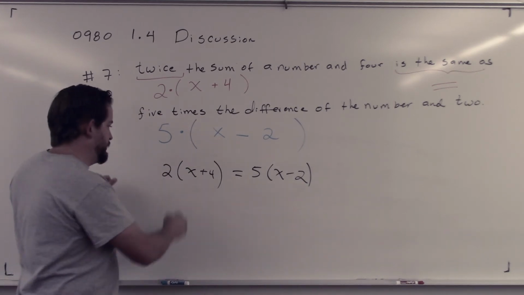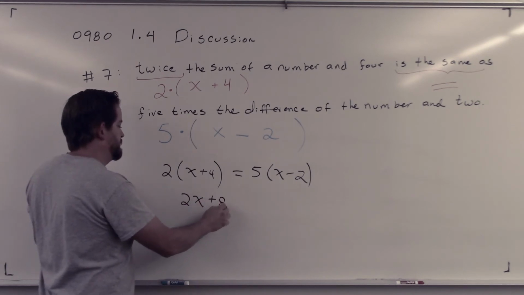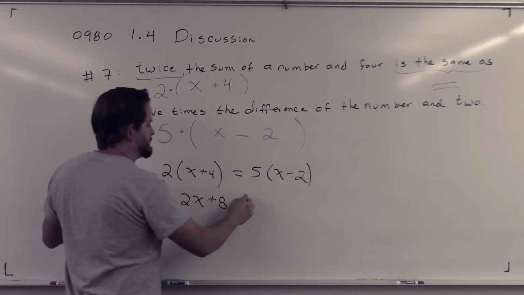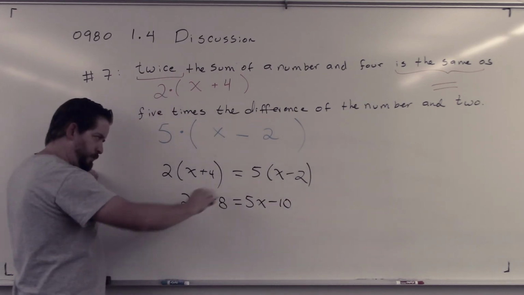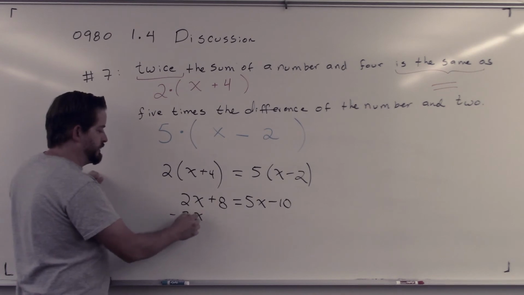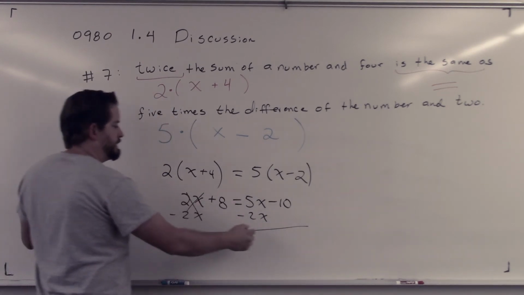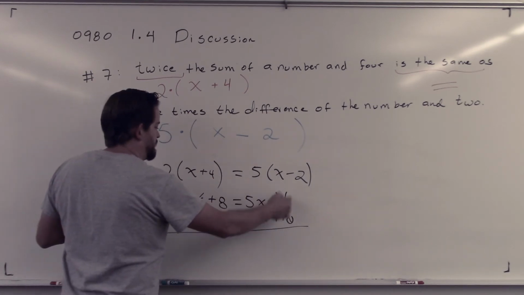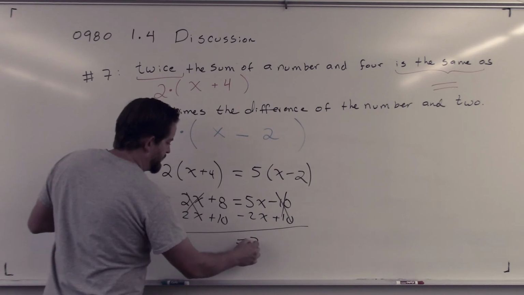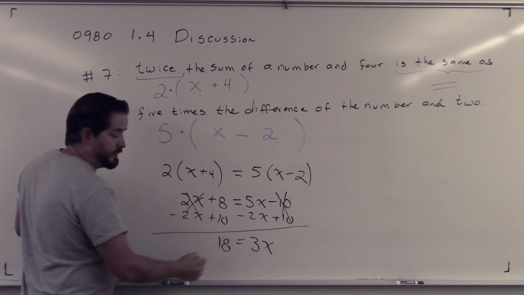So I'll start, distribute, that gives me 2x plus 8 equals 5x minus 10. Right. I'm going to push my x's to the left by subtracting, so I got minus 2x on both sides. Since my x's are going to the right, plus 10 to get it to the left. That gives me a 3x on the right-hand side, and 18 on the left-hand side.